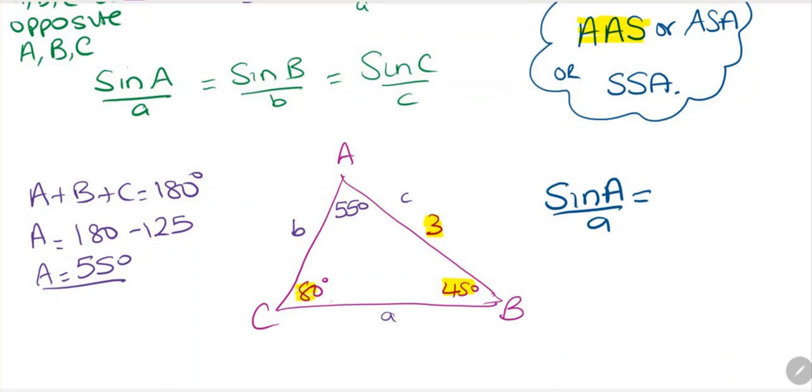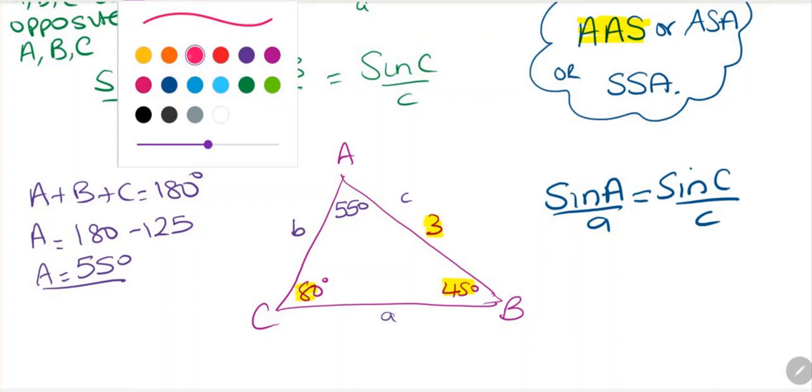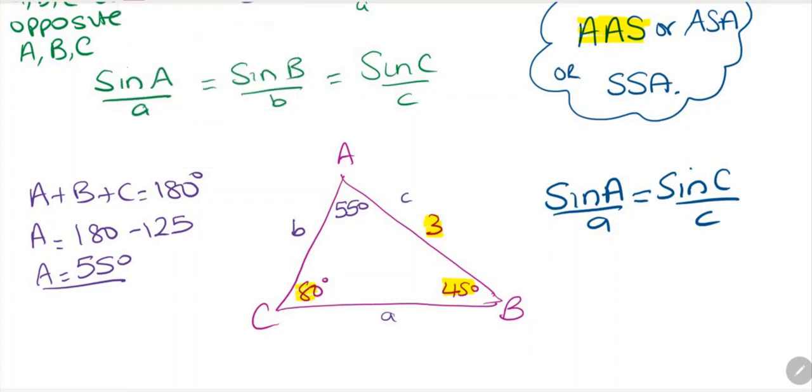So C, we know the side and the angle, so we can use the sine of C divided by c. And we're going to substitute in the values we know. So sine of A is 55, little a we don't know. Sine of C, this is sine of 80, and this is divided by 3.